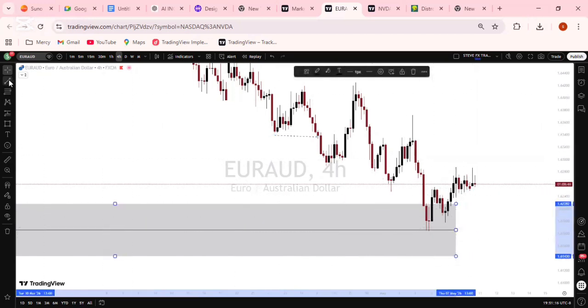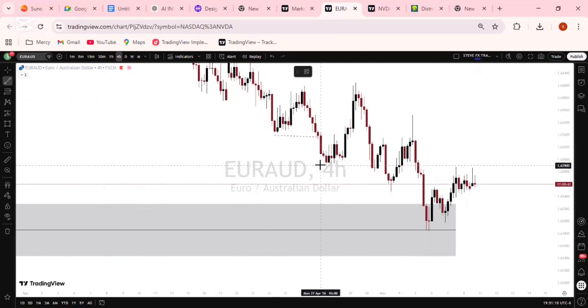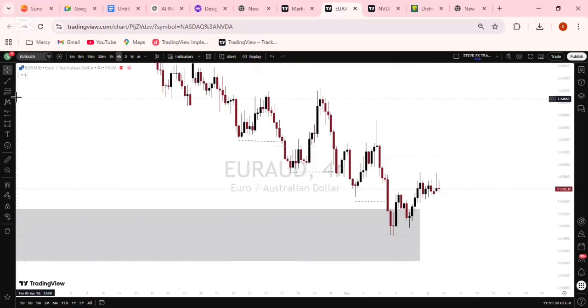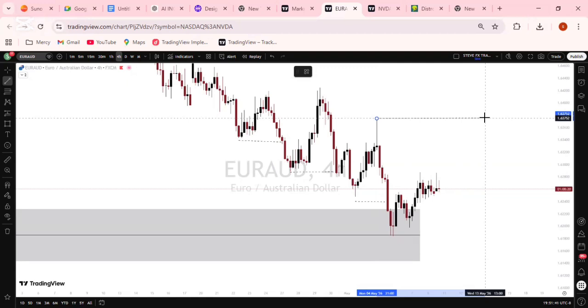So before we can confirm that this particular trade is going to be bullish, we need to have a shift in market structure, which is going to be a break of the recent external structure.